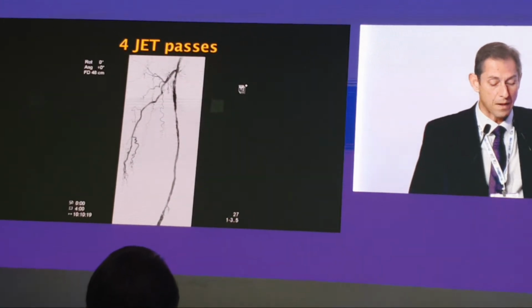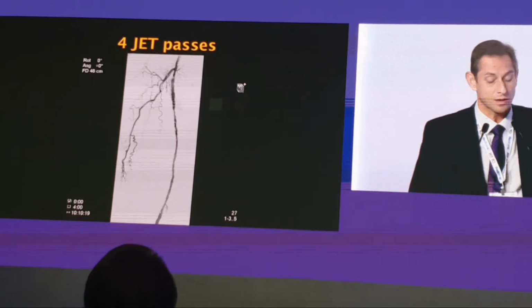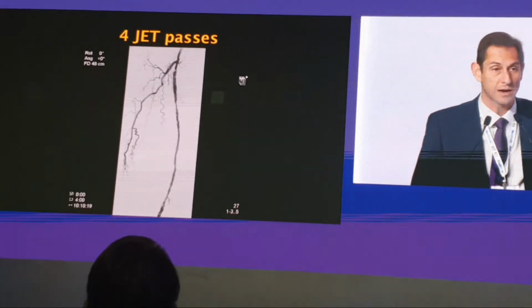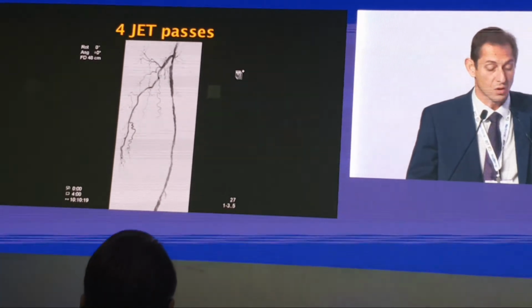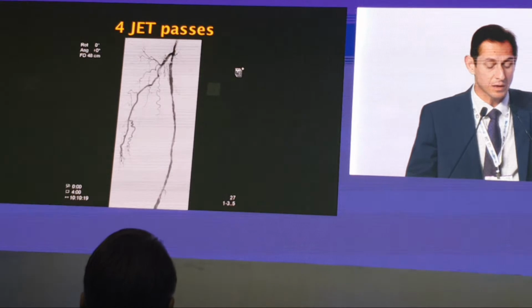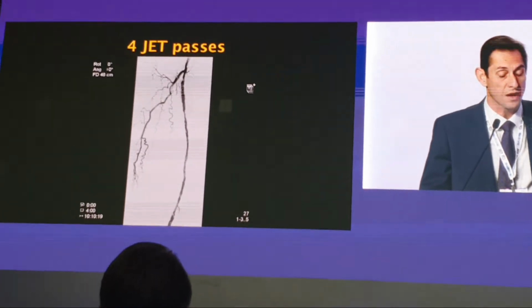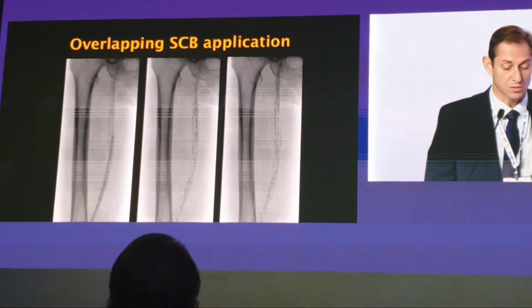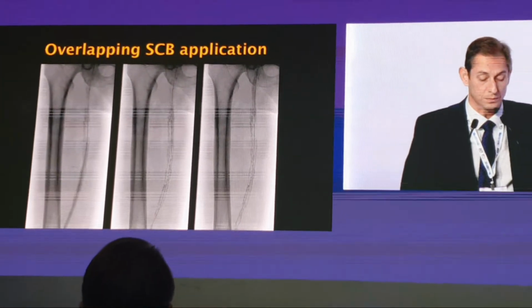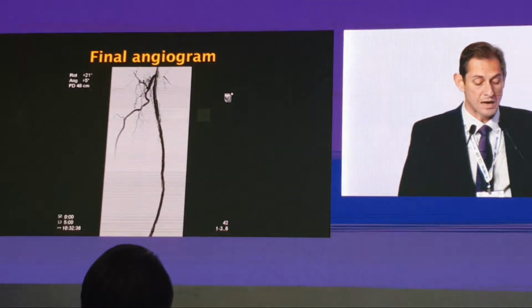We do 4 passes here, and look at this result. Again, very, very effective plaque debulking, both for the in-stent stenotic component, but also for the de novo component as well. There is a little bit of residual disease on the upper third of the SFA. We can proceed with drug-coated balloon overlapping applications from top to bottom, and this is the final angiogram.